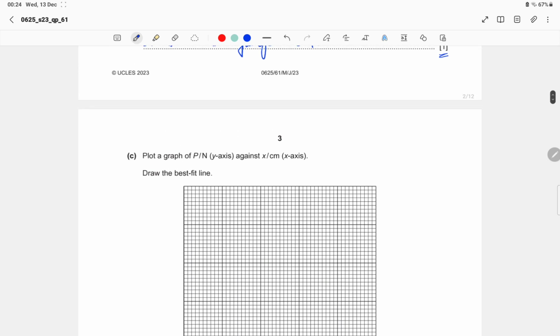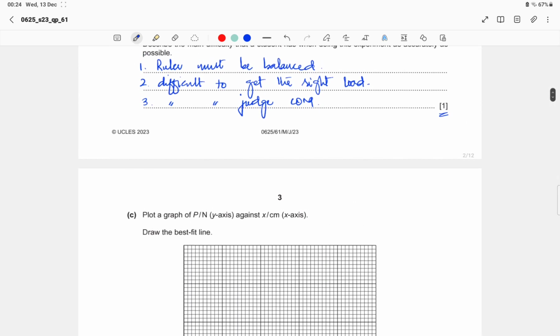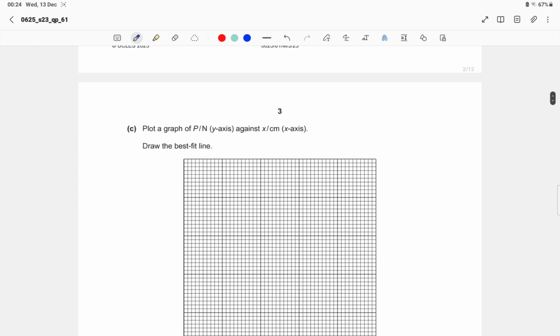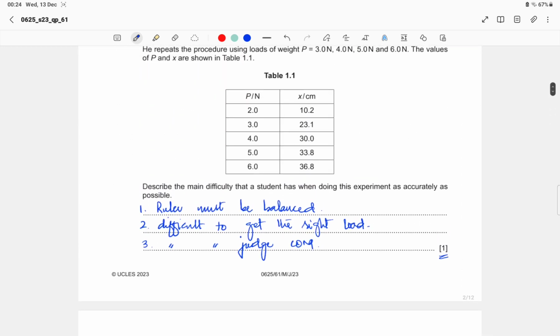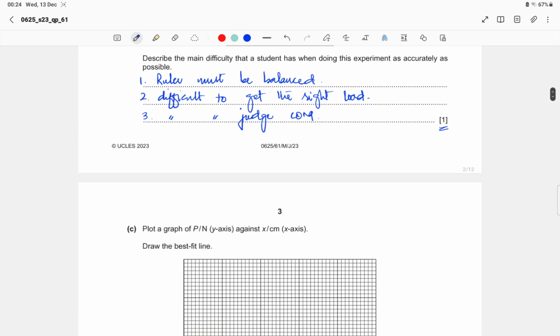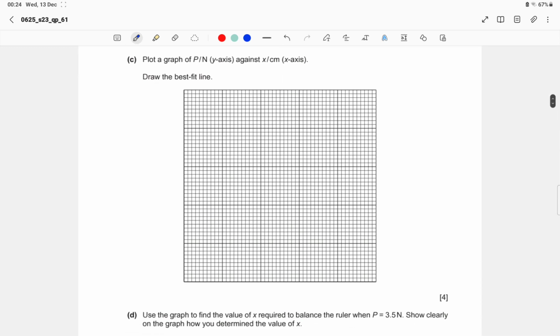Plot the graph with P in newtons on the y-axis, and x on the x-axis. Drawing these values, you can easily get a graph like this. Let's roughly sketch this graph. P is the y-axis with its unit, this is x, and this is going to be in centimeters.